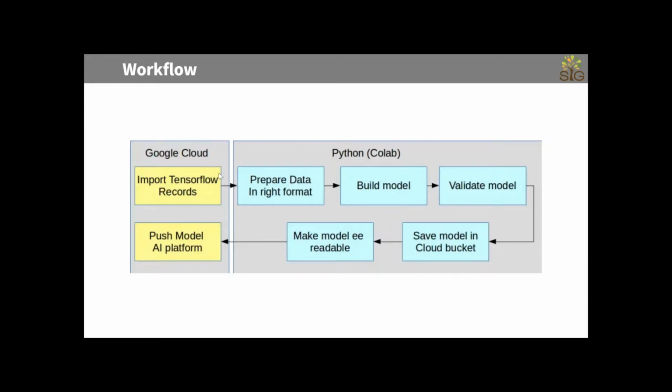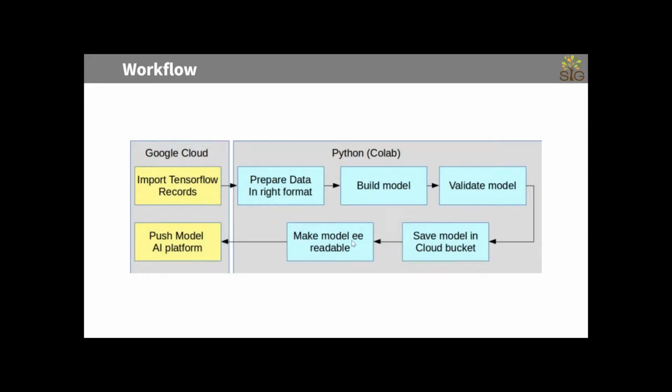So yeah, again, from the Google Cloud Platform storage, you import those TensorFlow records into the Colab environment. Then you can prepare the data in the right format. You can build a model, validate your model. You save that model in a cloud bucket, so it goes back to the Google Cloud Platform storage.